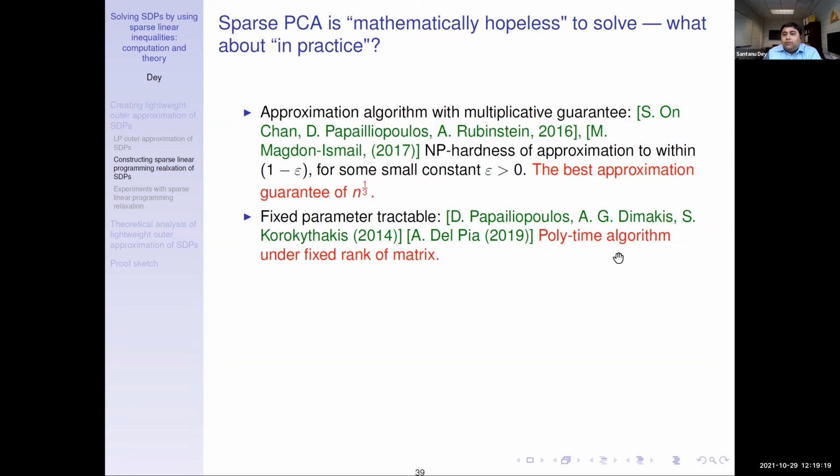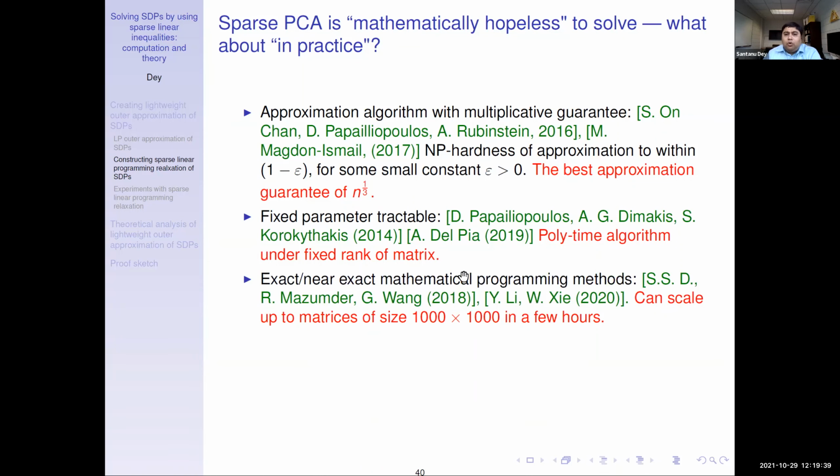Basically, this family of results says that you can solve the sparse PCA problem well and efficiently if the rank of the matrix is fixed or low. Basically, the running time has an exponent with the rank. And we've also looked at some more computational methods together with Rahul Mazumdar and Kwani Wong and Wei Jun at Virginia Tech together with Pages Rune.